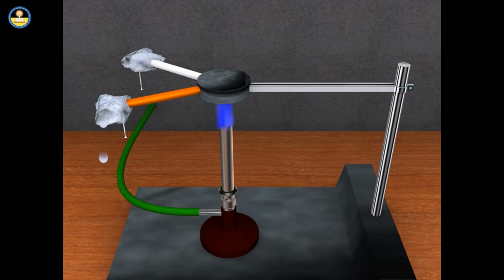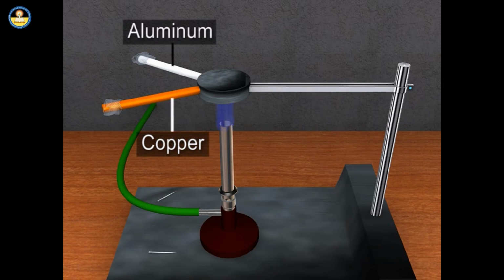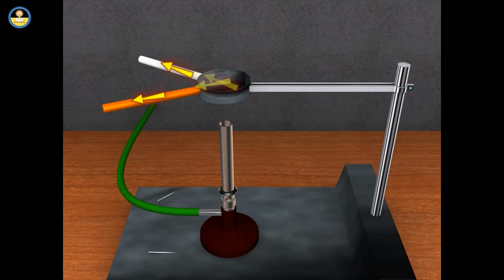We find that the wax melts after some time and the pin drops down. So we infer that copper or aluminium wire is a good conductor of heat. This also means that heat travels from the hot region to the cold region of the wire.